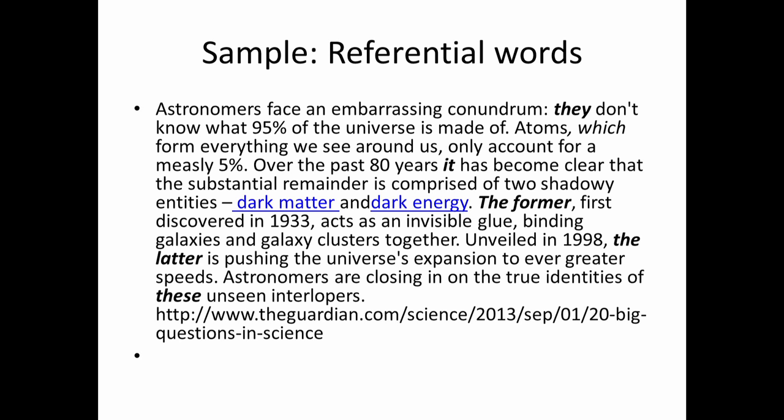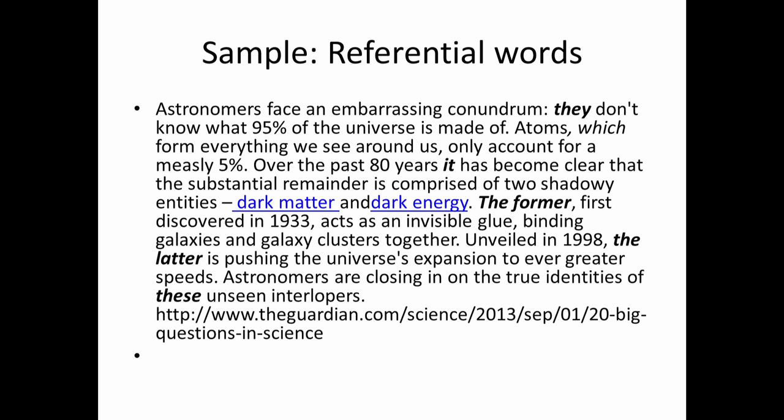Over the past 80 years, it has become clear that the substantial remainder is comprised of two shadowy entities, dark matter and dark energy. The former, first discovered in 1933, acts as an invisible glue binding galaxies and galaxy clusters together. The latter, unveiled in 1998, is pushing the universe's expansion to ever greater speeds.